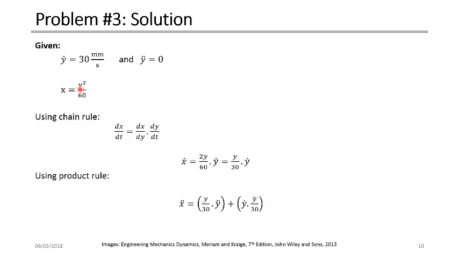So we've got y dot as 30, y double dot as 0, and we've got x dot as an equation and x double dot as an equation. So we have the components of the velocity and the acceleration in the x and y directions.